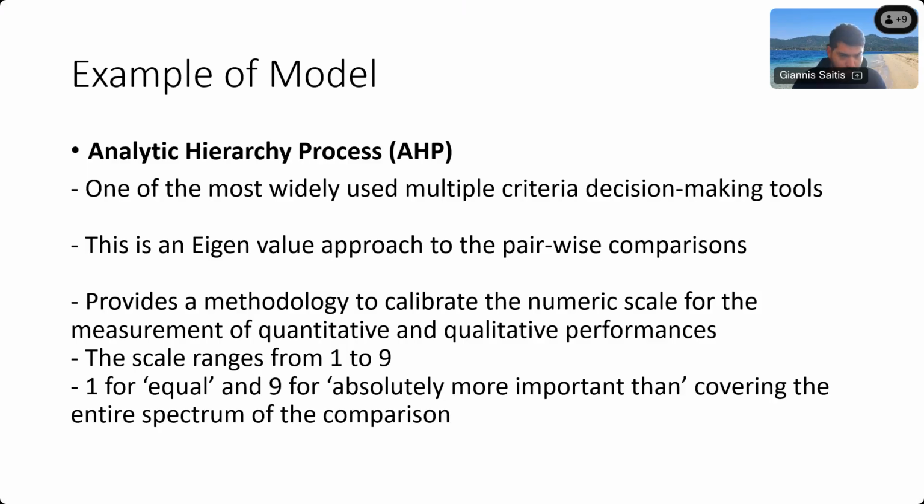Okay, so if one criteria is more important than the other one, it gets the highest value of 9. If it's something in between, we will see later on a specific table. So this is the spectrum of the comparison, and this comparison is analyzed under the eigenvalues approach for the final result.